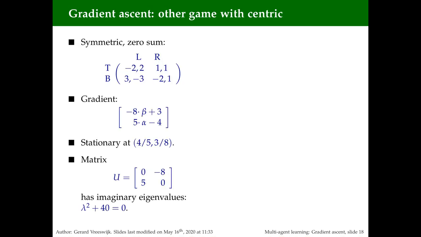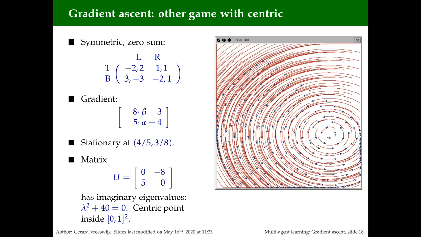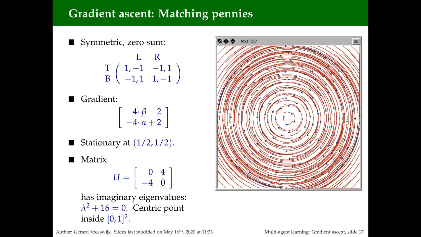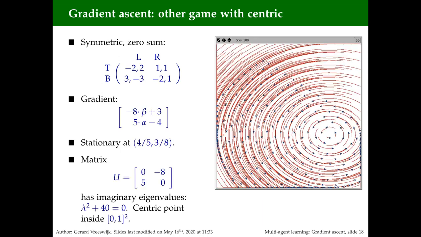Another game with imaginary eigenvalues: here the movement is elliptic and not in the center of the unit square. So just to show that the stationary point doesn't have to be the center, and the movement is counterclockwise, as opposed to the other example, matching pennies, where the movement is clockwise. Okay.